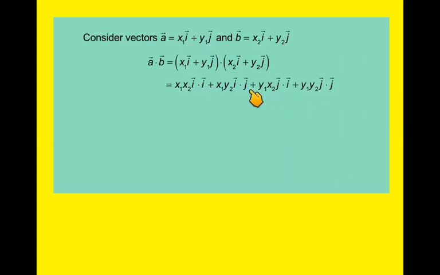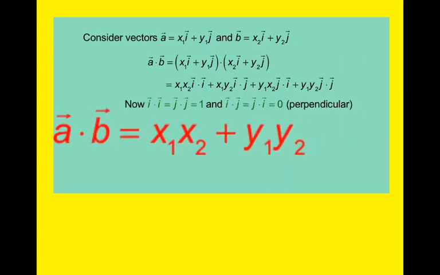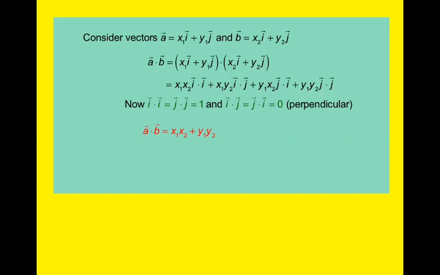But these two vectors, i and j, are perpendicular to each other, so therefore this is 0, so this bit here will disappear, and this is 0, and this bit will disappear. Therefore, A dot B is the same as taking x1 times x2 plus y1 times y2 for two-dimensional vectors.